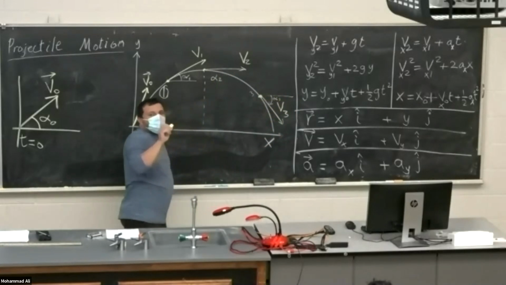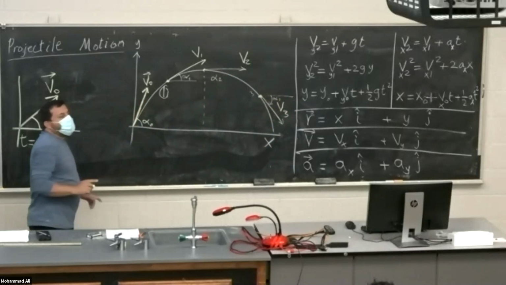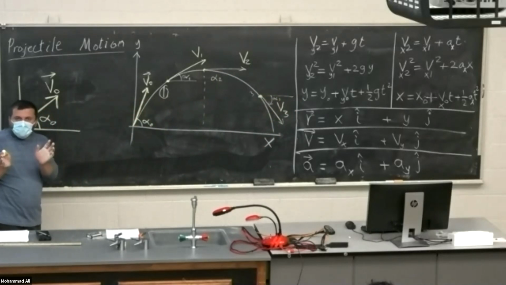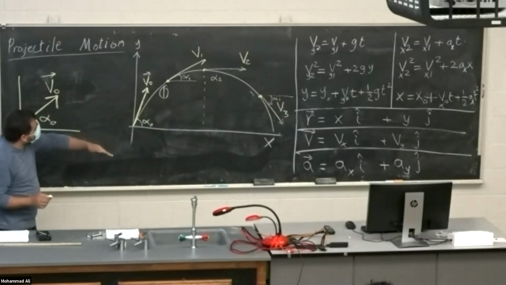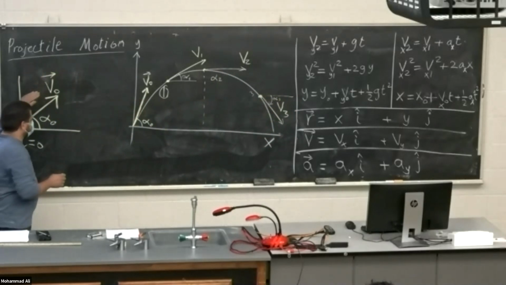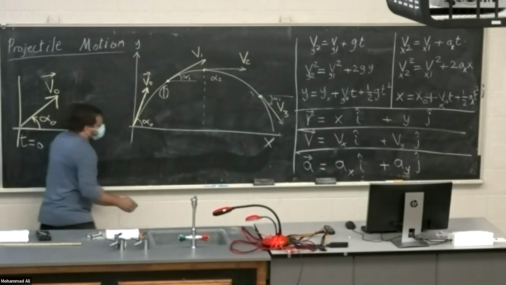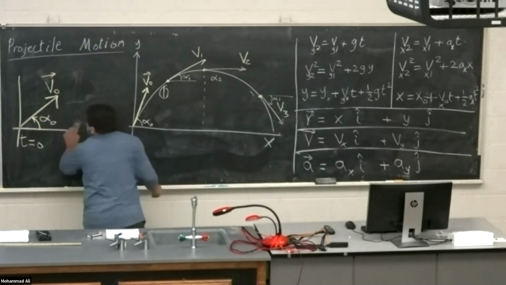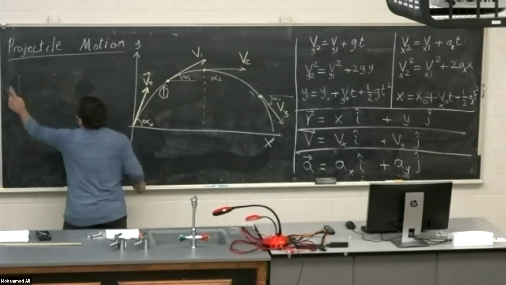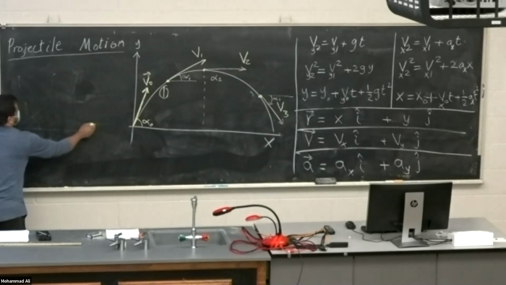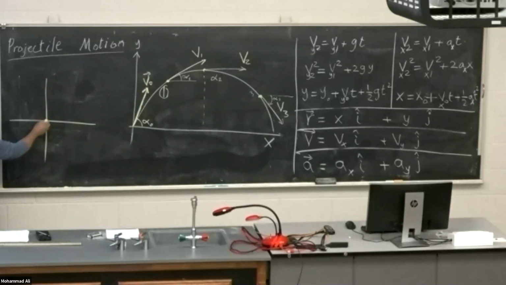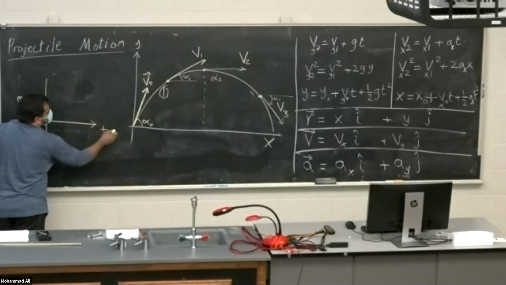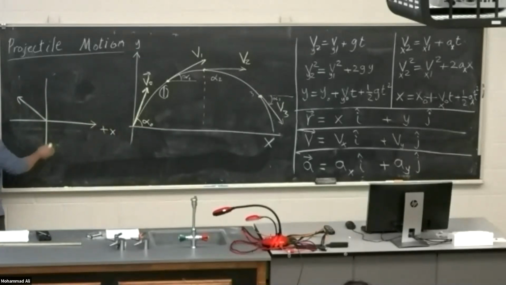Be careful: when we need to measure any angle, we need to measure it counterclockwise, like this. What if I have this angle? I need to measure my angles from the positive x direction.